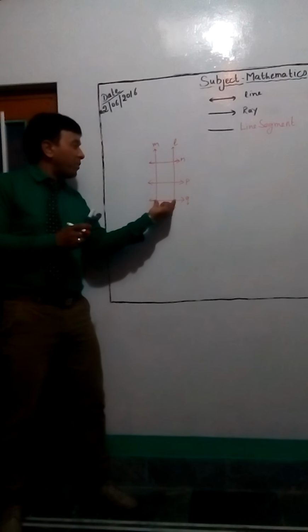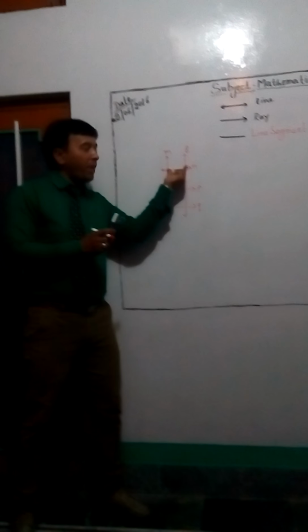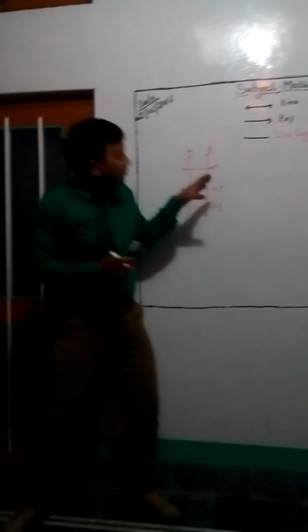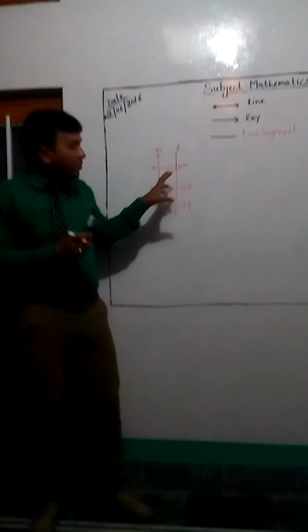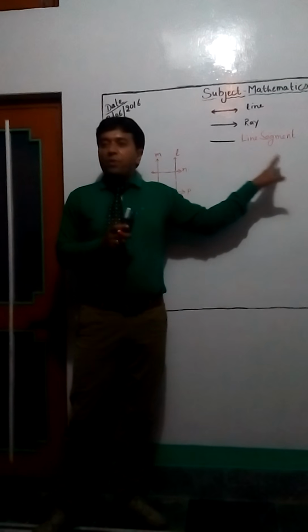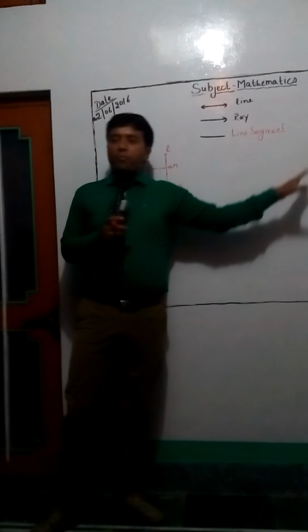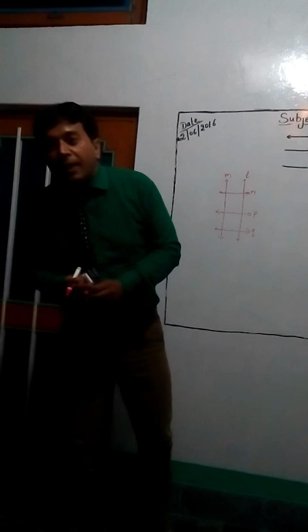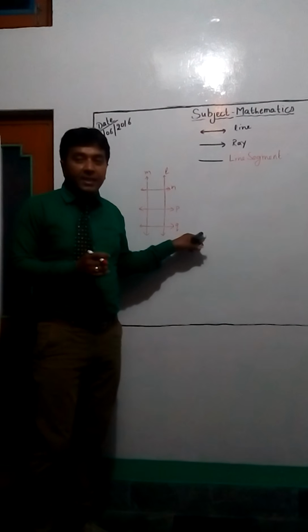Because the distance between these two lines will remain constant. When you have two lines and the distance between them remains constant, however far you extend them, those types of lines we call parallel lines. So our topic today is parallel lines.